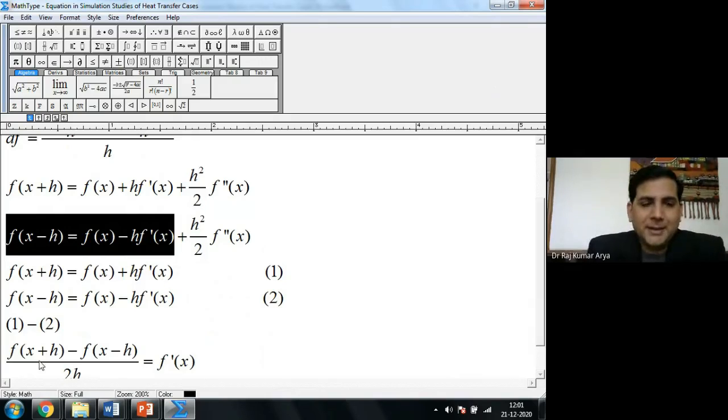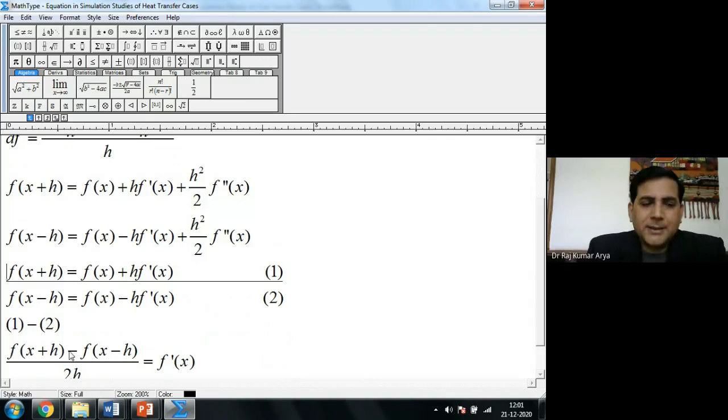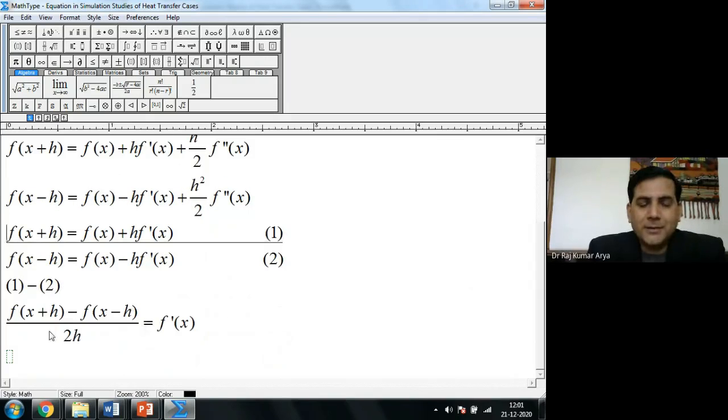Now, if you are taking these two, then this is called your first derivative based on the central difference. And most of the time, people prefer this one because it is much more accurate as compared to the forward and backward, based on people's practice.